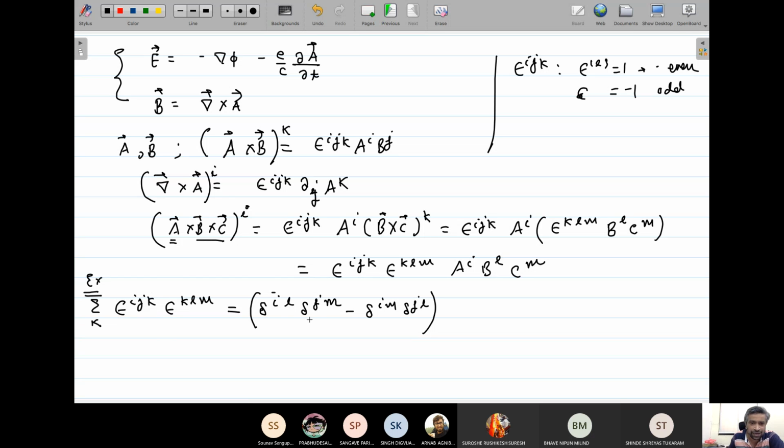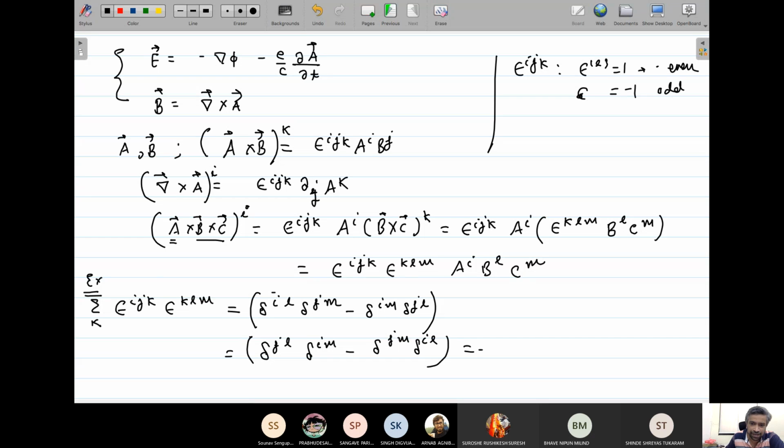You can see now that the right hand side has the appropriate symmetry property. If I interchange i and j, in the first term I will get delta_jl delta_im, and in the second term I will get delta_jm delta_il.